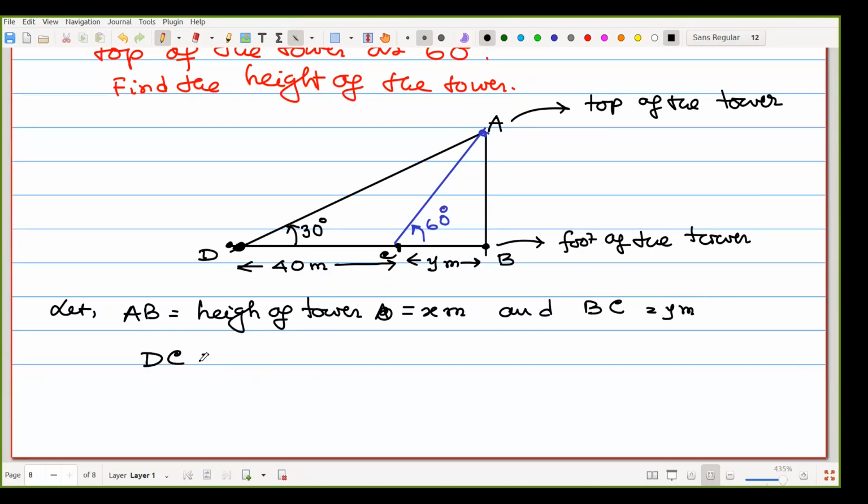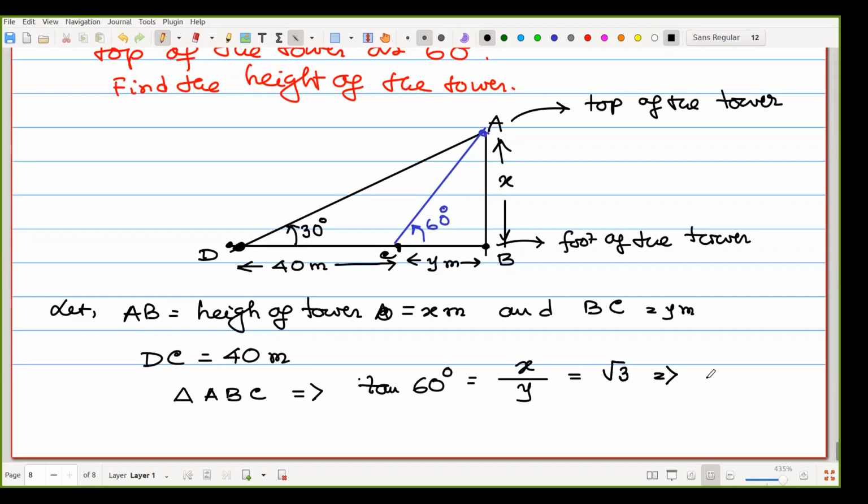Now in the triangle ABC, we have tan of 60 degree, which is perpendicular by base, X by Y. Tan 60 degree means we have √3.